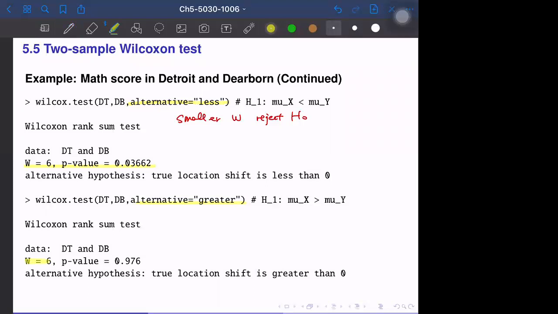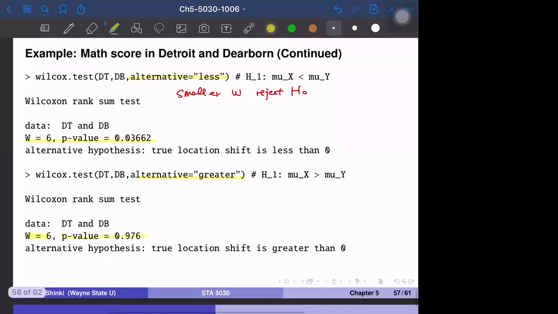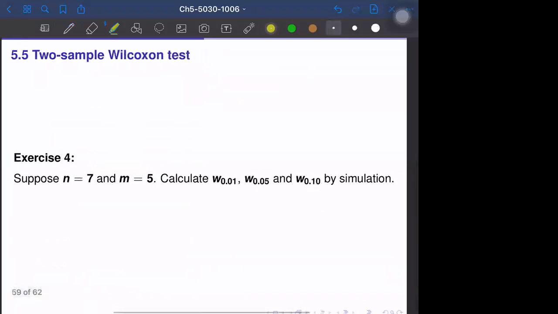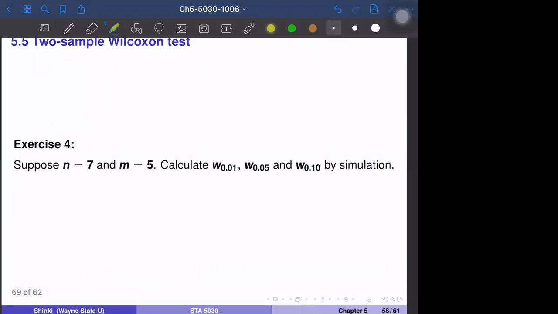So if W is equal to 6, the p-value is very large, 0.976. So we do not reject the null hypothesis at all. Yeah, so this is how to implement the Wilcoxon rank sum test in R.